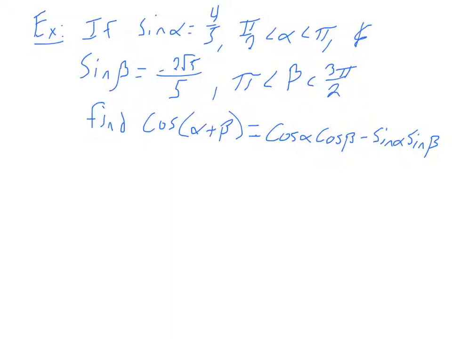So we're going to want to go ahead and set up some unit circle situations here for these. So if sine of alpha is equal to 4/5 and alpha is somewhere in the second quadrant, right, between pi over 2 and pi, so alpha is somewhere over here, right?